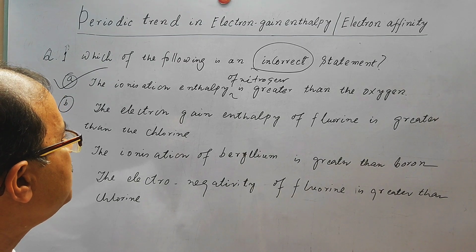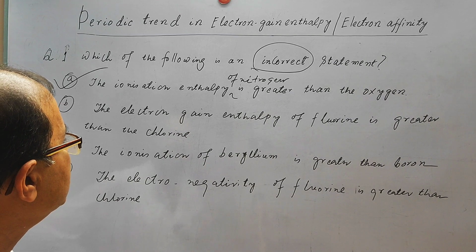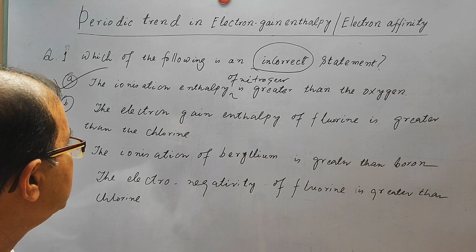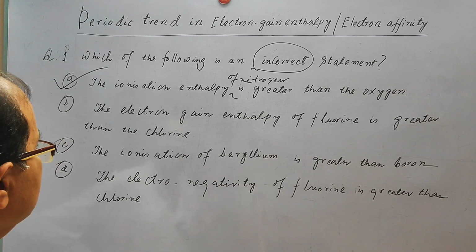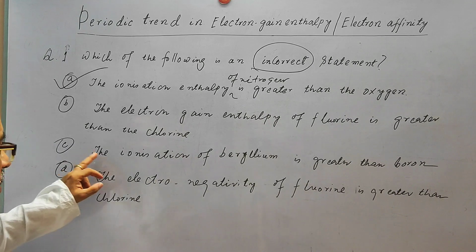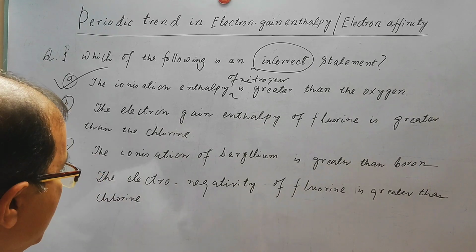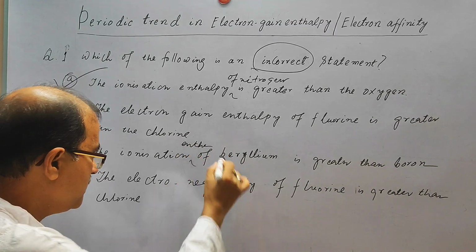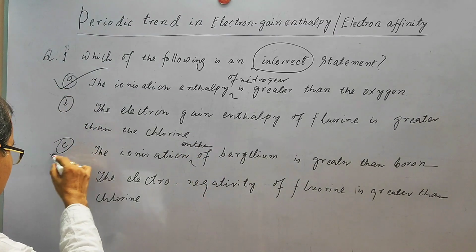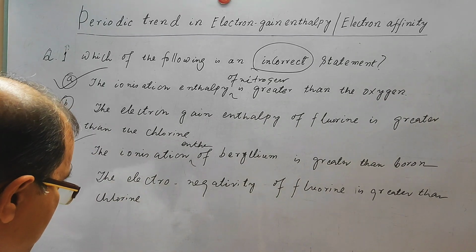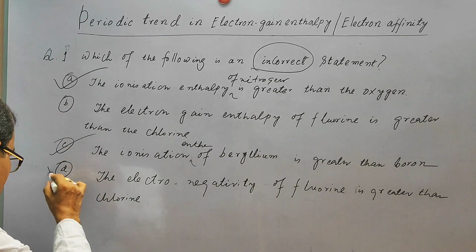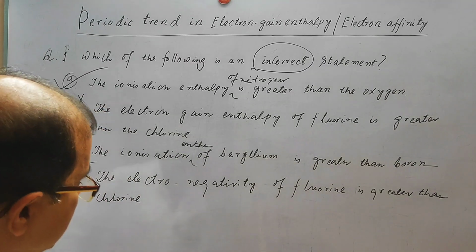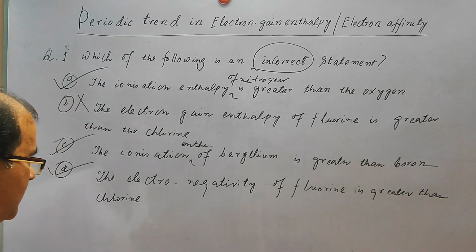Second, electron gain enthalpy of fluorine is greater than chlorine. And third, the ionization enthalpy of beryllium is greater than boron, and this is also true. Electronegativity of fluorine is greater than chlorine is also true. But here, this is not true, because electron gain enthalpy of fluorine is not greater than chlorine.